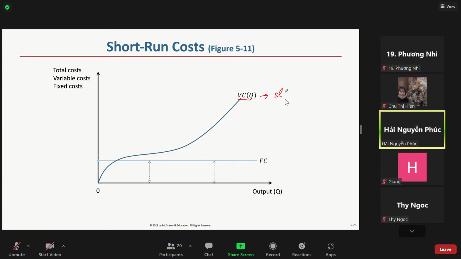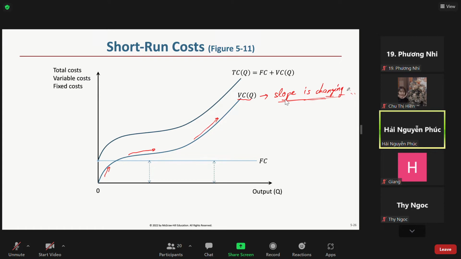You can see that the slope of the curve is changing. All right. For example, here it is increasing sharply, then it is going to be flatter, and here it becomes steeper. Right. The slope is changing.